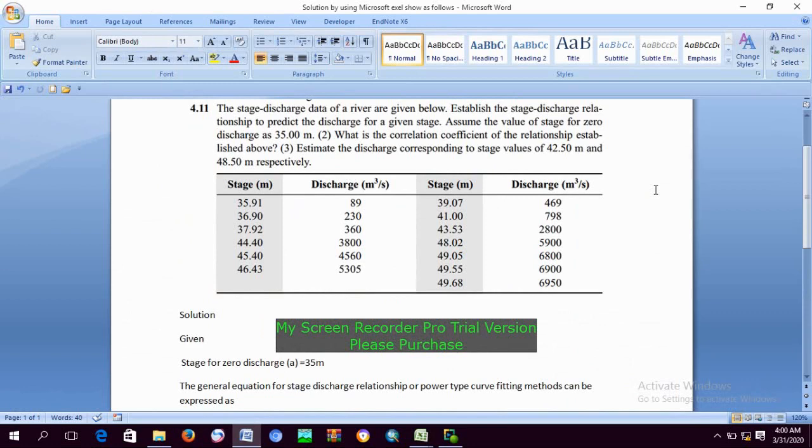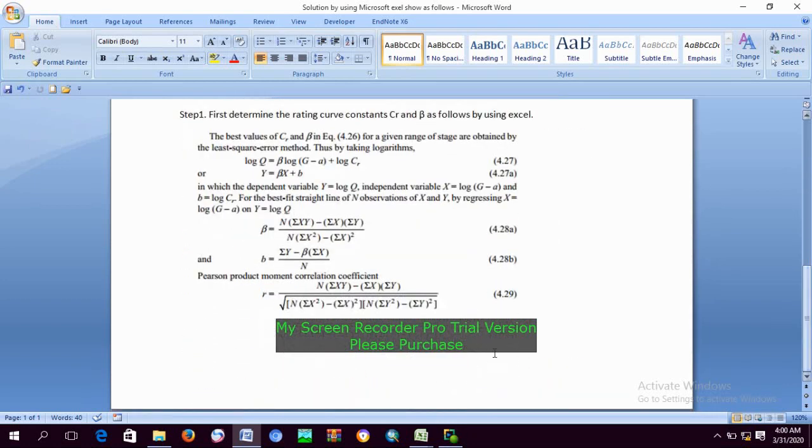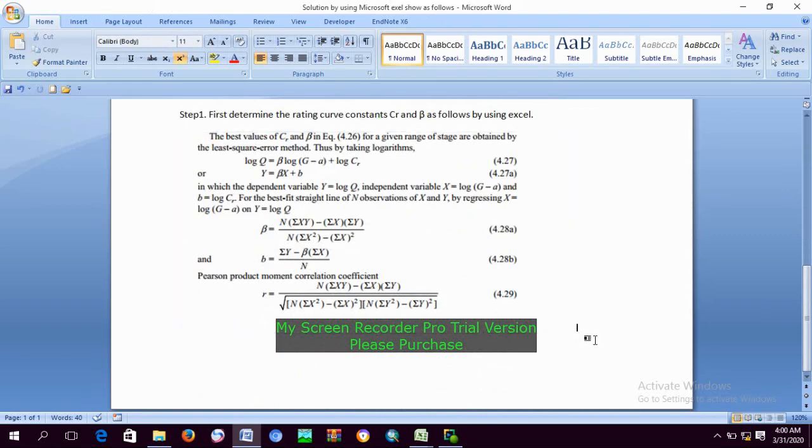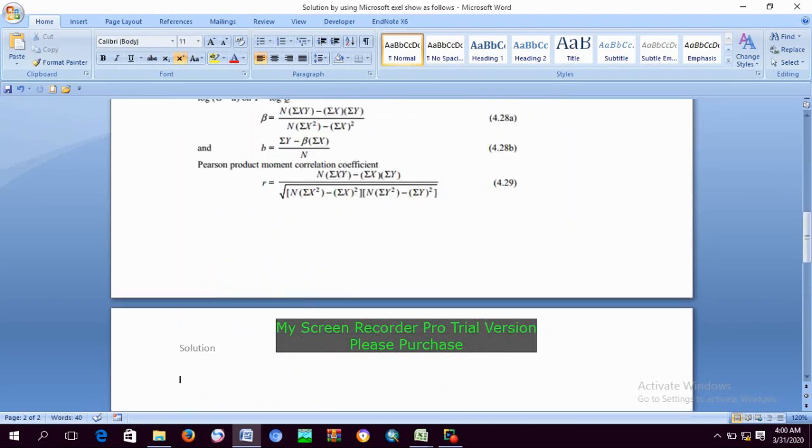The first question: establish the stage-discharge relationship to predict the discharge for a given stage. This relationship is Q equal to c, copied from Excel. We can paste this value in Word.